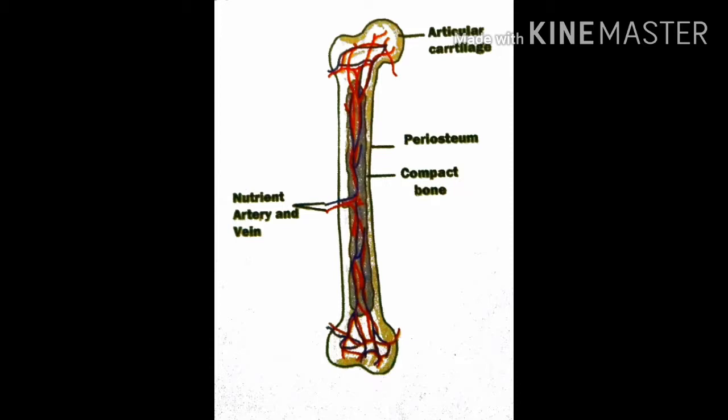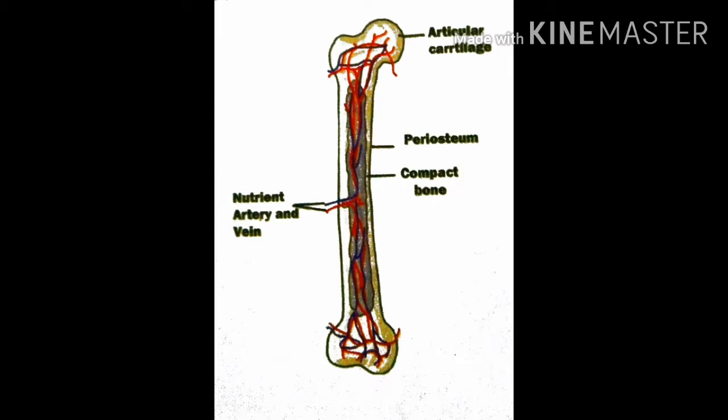Under the hard surface, a sponge-like layer is present, which makes the bone light in weight and gives it strength.